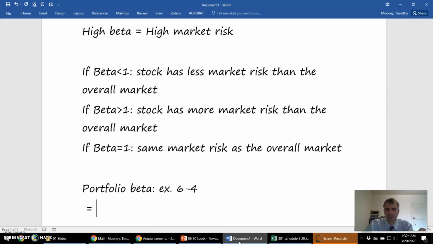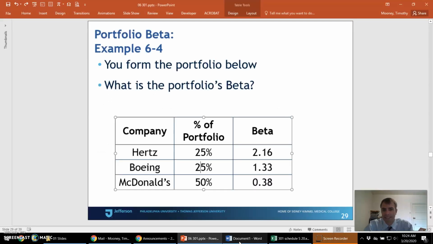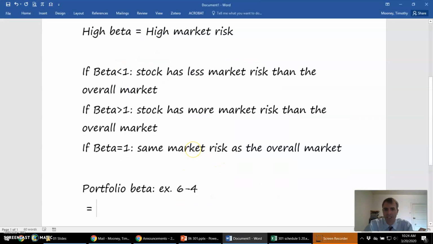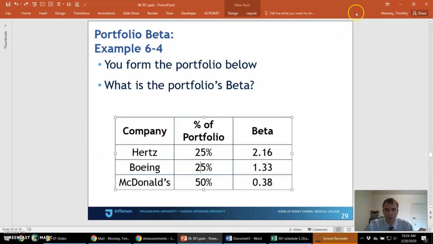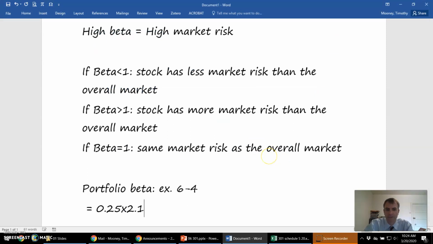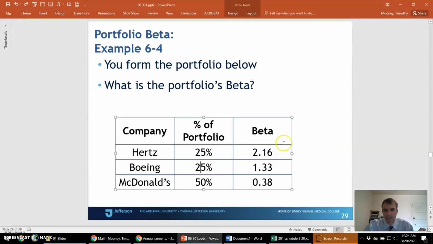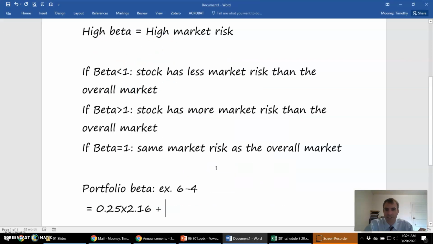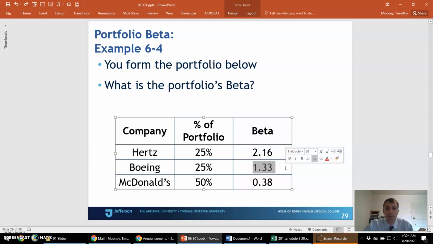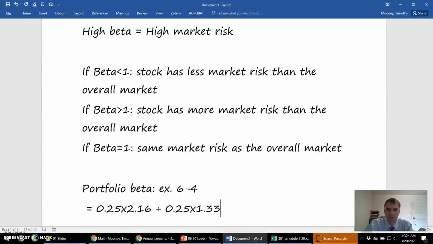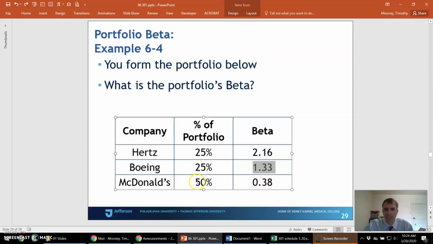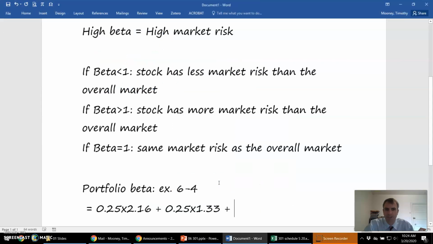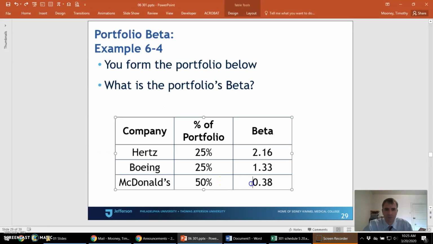So portfolio beta equals, for this portfolio, our weight in Hertz, 25%, which I would decimalize, times Hertz's beta, which is 2.16, plus our weight in Boeing, 25%, times the beta of Boeing, 1.33, plus our weight in McDonald's, 50% of the portfolio is in McDonald's, times McDonald's beta, which is 0.38.